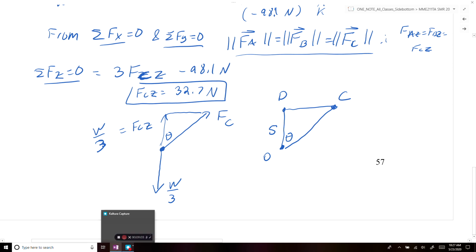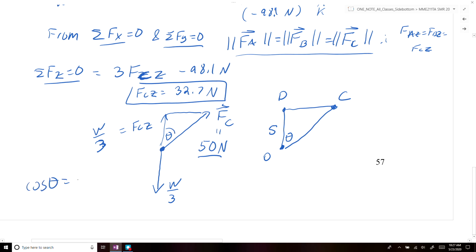So we were given in the original problem statement that FC, or the maximum force in any of the cables, would be equal to 50 newtons. So we were given the magnitude of our forces. So we could use the cosine function.